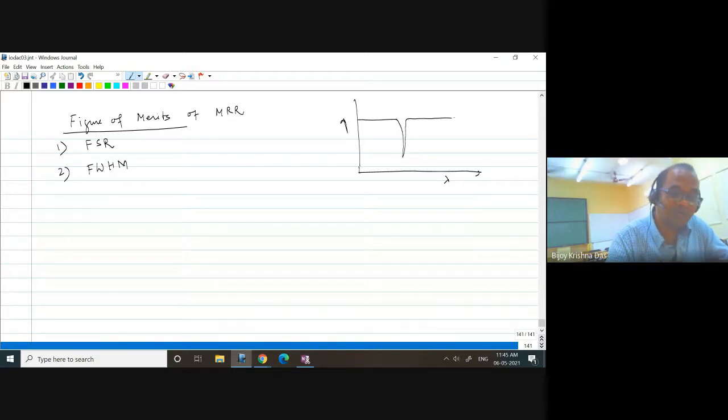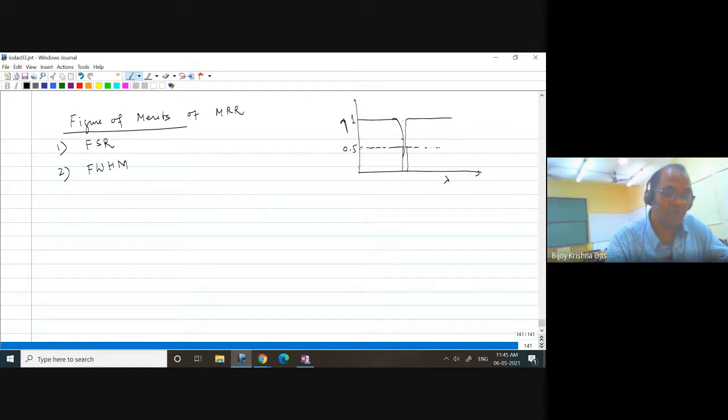Suppose this value is 1, then this one is your half point, 0.5. So full width half maximum is the separation between this wavelength and this wavelength.